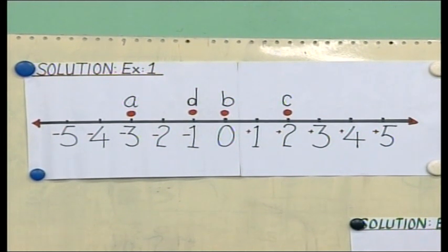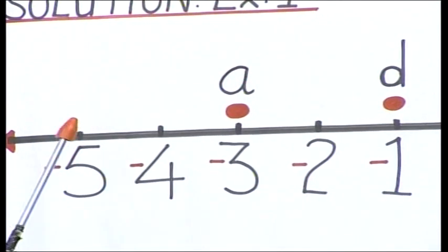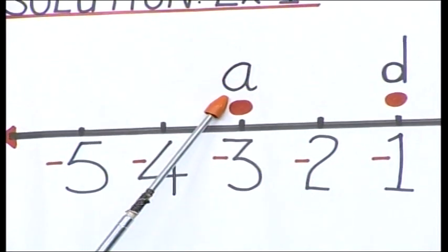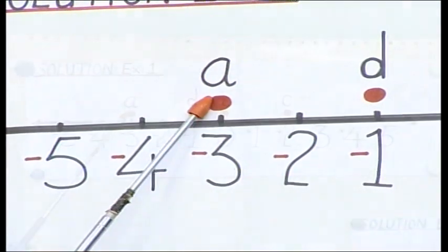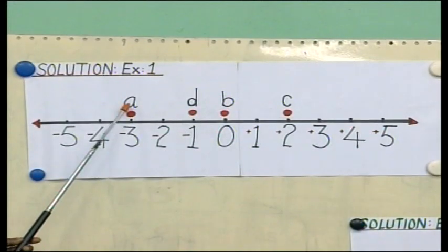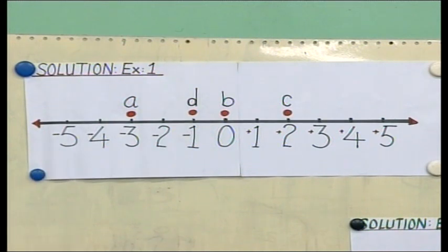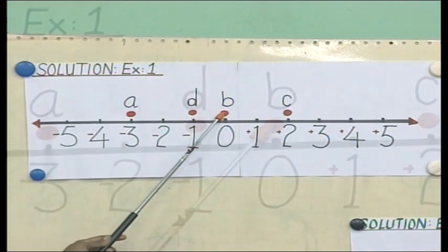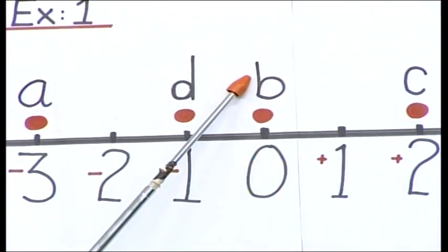Letter A, -3. It should be plotted where negative 3 is. Looking at that chart, this is where negative 3 should be plotted with a dot shaded, and the letter should be written at the top. B, 0, this is where it's supposed to be plotted on the number line, and you should also write the letter in.